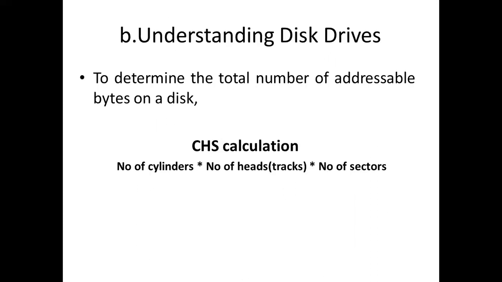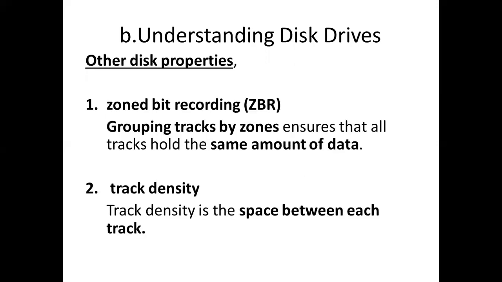Next, we need to understand the CHS calculation, which is the cylinder head sector calculation, which is the multiplication of the number of cylinders, the number of heads, and the number of sectors. Let's understand the disk properties. There are around 4 disk properties. The first one is zoned bit recording.